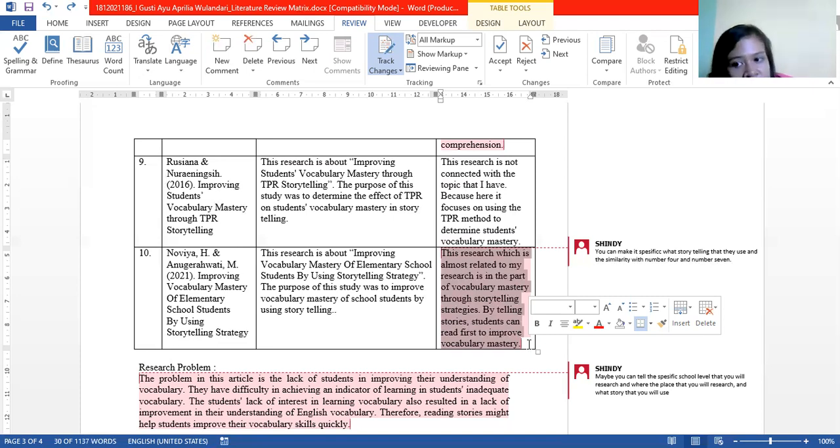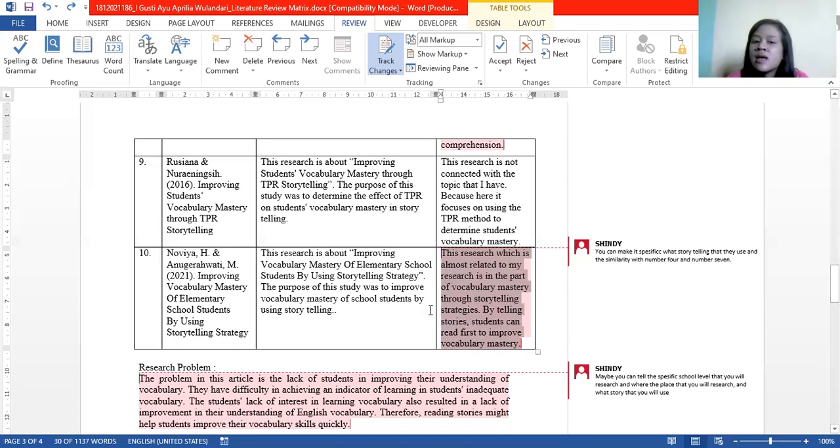Okay, and also this article has similarity to number 4 and number 7. Maybe you can provide it in this personal note.